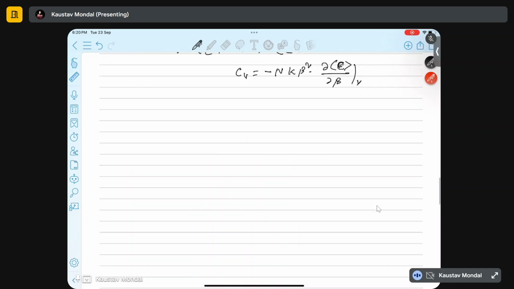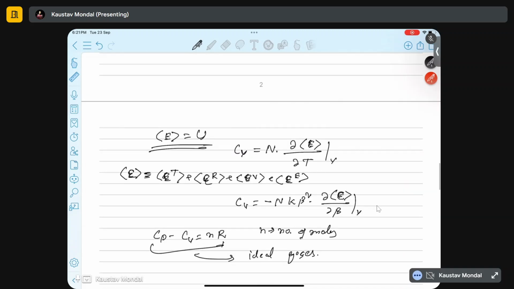That formula is Cp minus Cv equals nR, where n is the number of moles. This only exists for ideal gases. Okay, so this thing we already know.